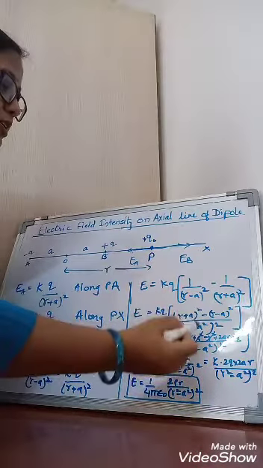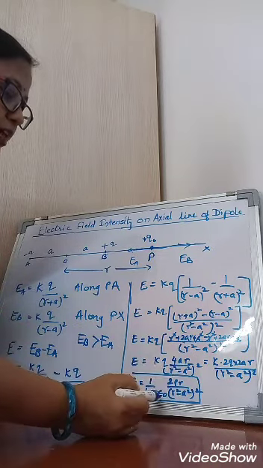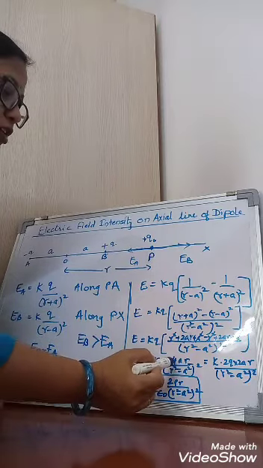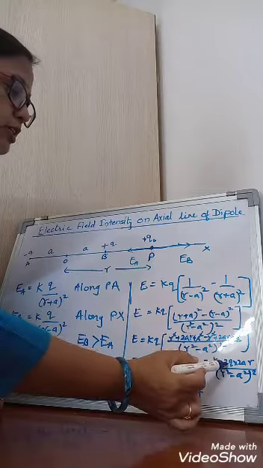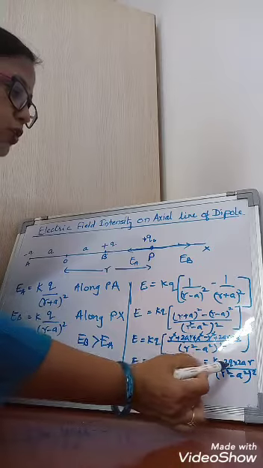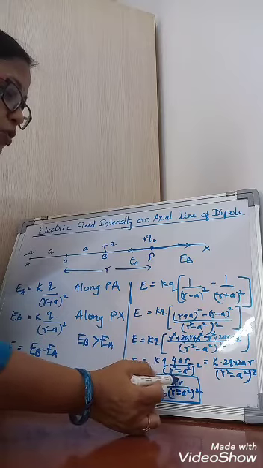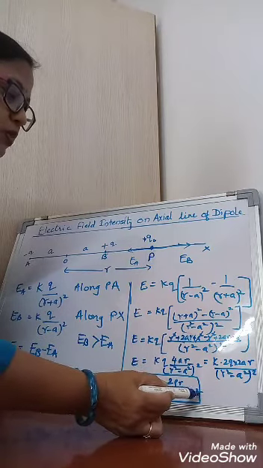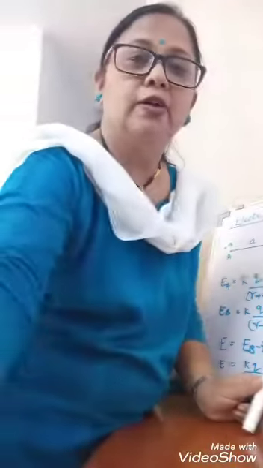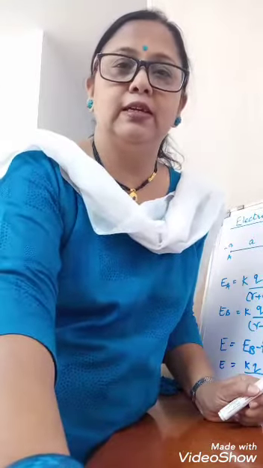When you simplify this further, you can cancel a few terms, and we reach the final expression: 1 upon 4 pi epsilon naught, that is the value of K. Then this is 4a, which is written as 2 into 2a. So this becomes q into 2a, that is written as p, and r. So E is 1 upon 4 pi epsilon naught times 2pr upon (r square minus a square) whole square. This is the final expression for electric field on the axial line of a dipole. Once you write down the steps, you will be able to understand it better.